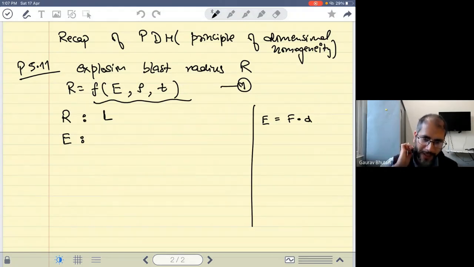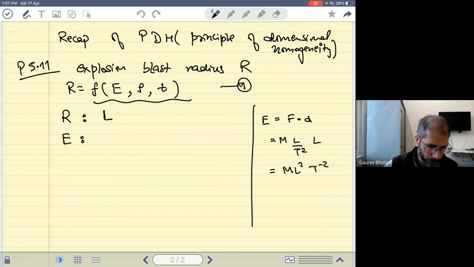So we are just taking any expression to find the dimensions. Mass is m, acceleration is L by t squared, and the displacement is length L. So the dimension for energy is m L squared t to the minus 2.